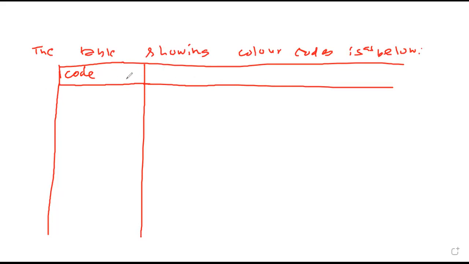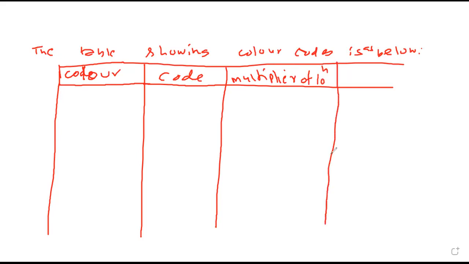This is the code, color, standing code here. Multiplier of 10 raised to n, and the last one is tolerance.